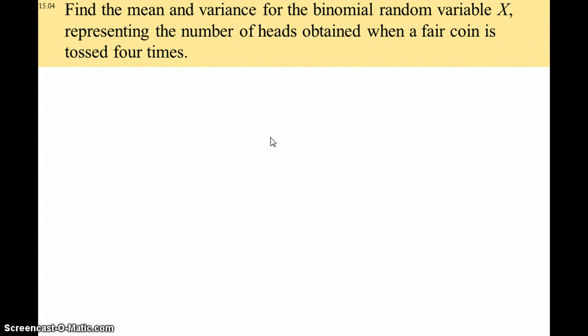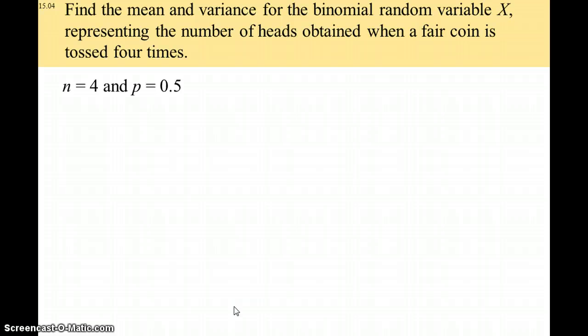Find the mean and variance for the binomial random variable x representing the number of heads obtained when a fair coin is tossed 4 times. Parameters of the distribution: there are 4 trials and probability of success is 0.5.